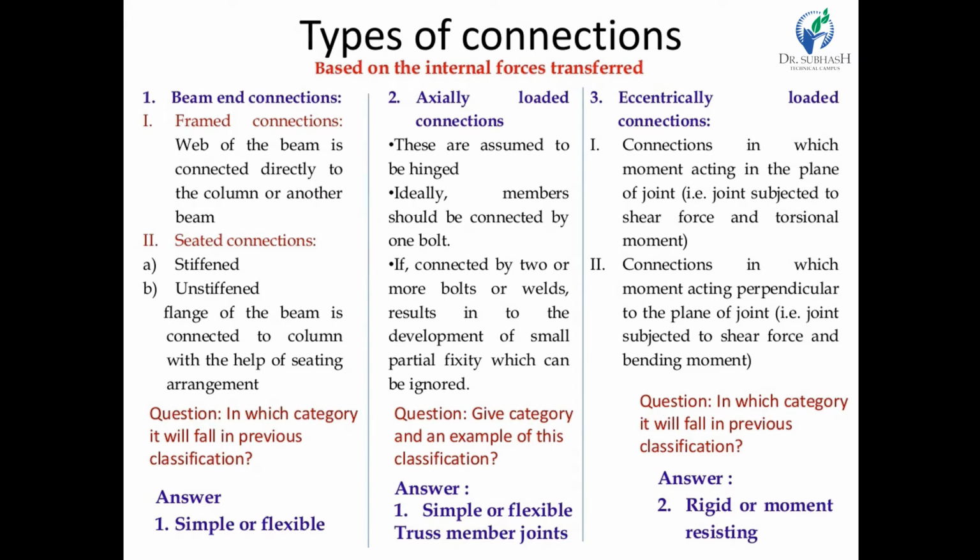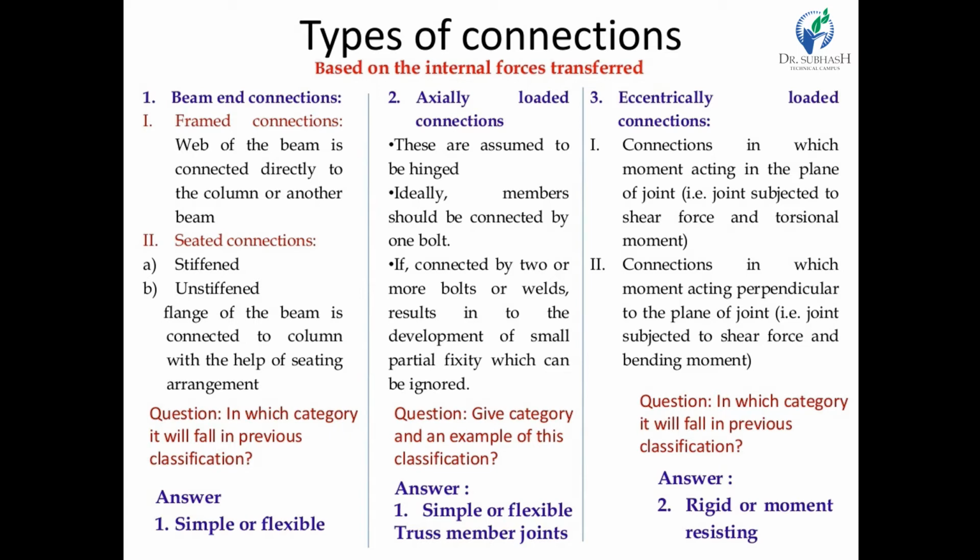First, framed connection: the web of the beam is connected directly to the column or another beam. Second one is seated connection. There are two types of seat connection, stiffened and unstiffened. In which category do they fall in the previous classification? Beam connections are nothing but simple or flexible connections.